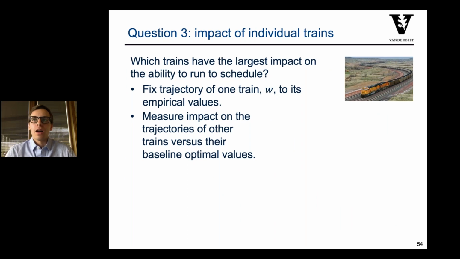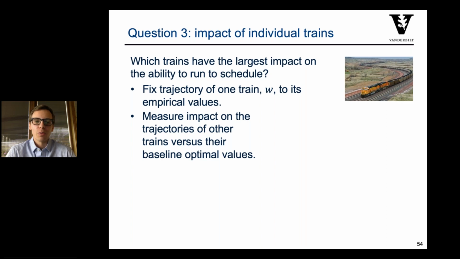And this is just one such example. And now I'll spend a little bit more time on question 3, because I think the results are particularly interesting. We're now asking the question, which trains have the largest impact on the ability to schedule?